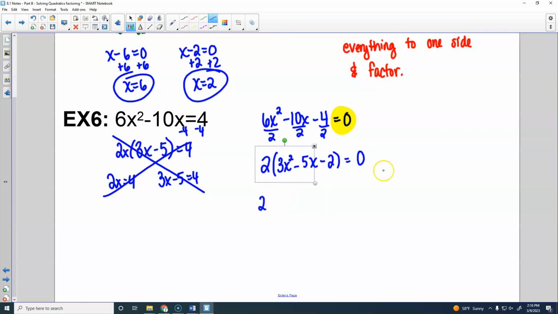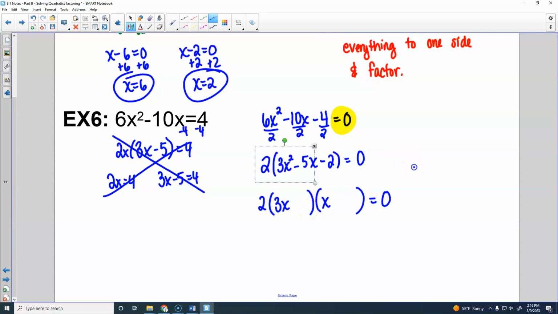Or technically you can divide the 2 off and it'll go away, because 0 divided by 2 is 0, but we'll just leave it there for right now. And then we are going to factor this further, like we have been doing. Keep that equals 0 there on the side. To get 3x squared, the only options are 3x and x.